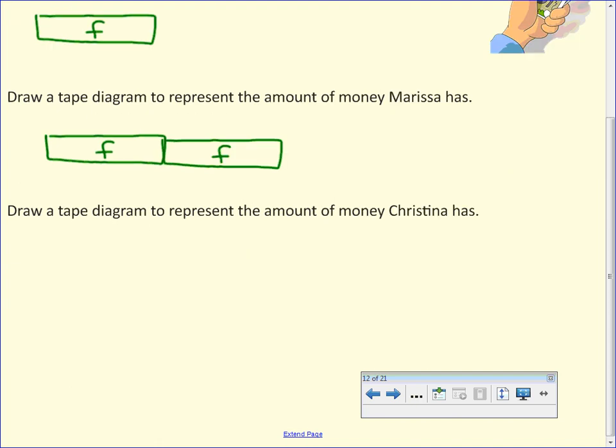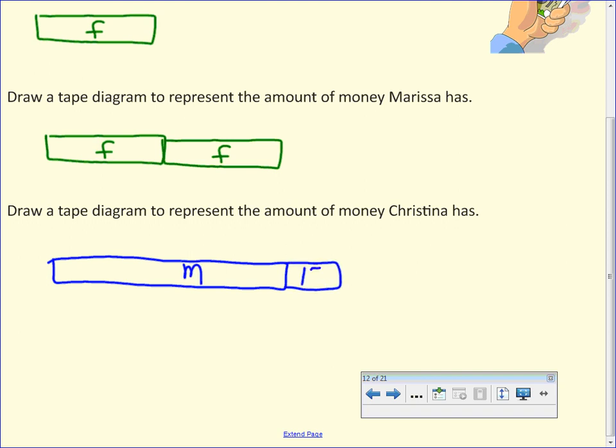What do we know about Christina? Right, so if this is how much Marissa has, that's how much Marissa has. So that's Marissa's money plus 15.